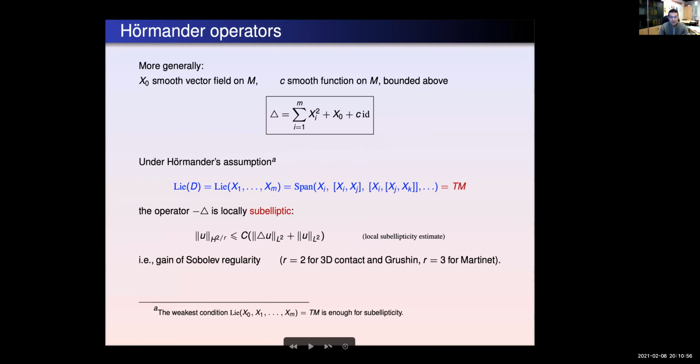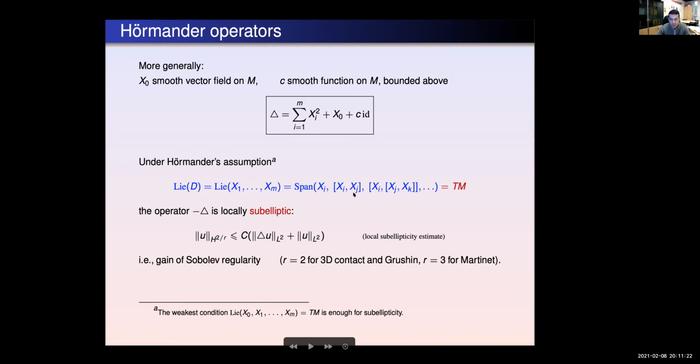The fact is that under the well-known Hörmander's assumption, which stipulates that the Lie algebra generated by the vector fields X_1 to X_m, I mean the span of all X_i, of all Lie brackets [X_i, X_j], and then the iterated Lie brackets, should be equal to the whole tangent bundle, TM.